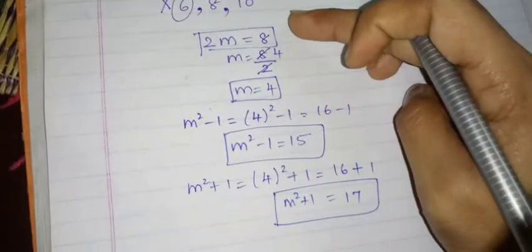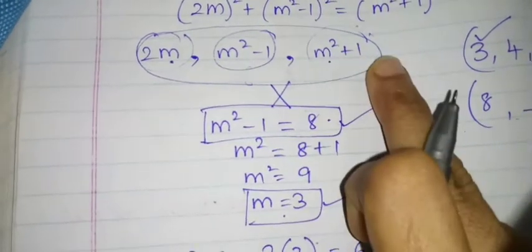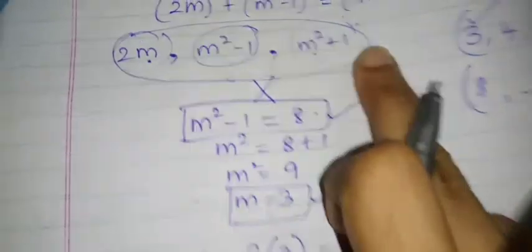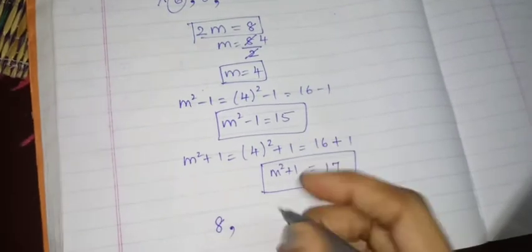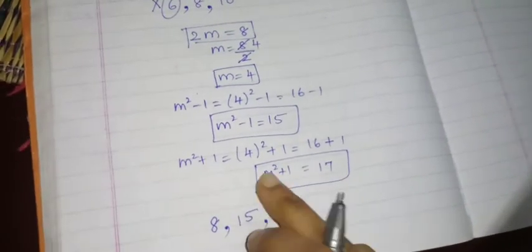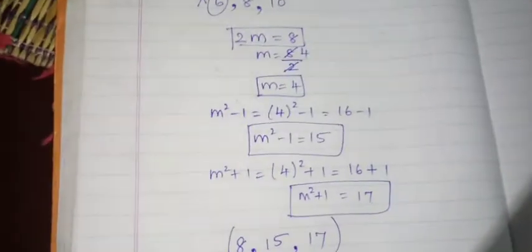So what are the triplets now? 2m comma m square minus 1 comma m square plus 1. 2m value is 8, m square minus 1 value is 15, m square plus 1 is 17. So these three values are the Pythagorean triplet.